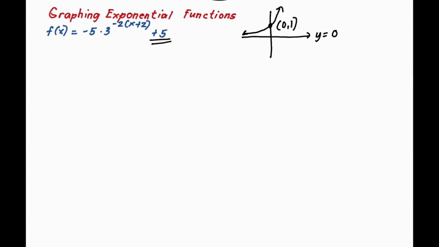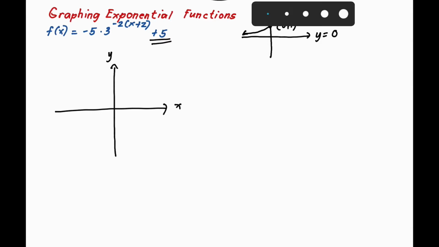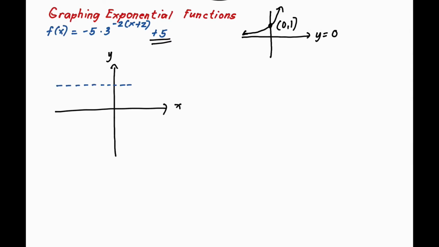Let's make a nice xy plane, x-axis, and this is your y-axis. We identify the asymptote. Don't forget to graph this. This is y equals 5.